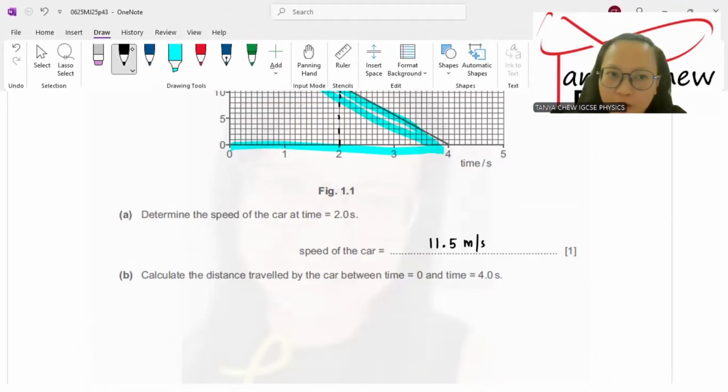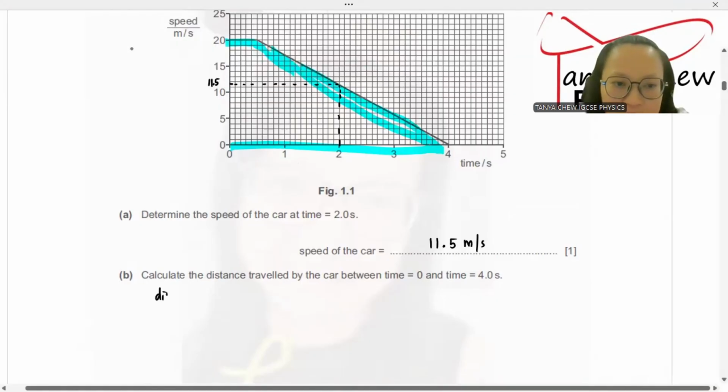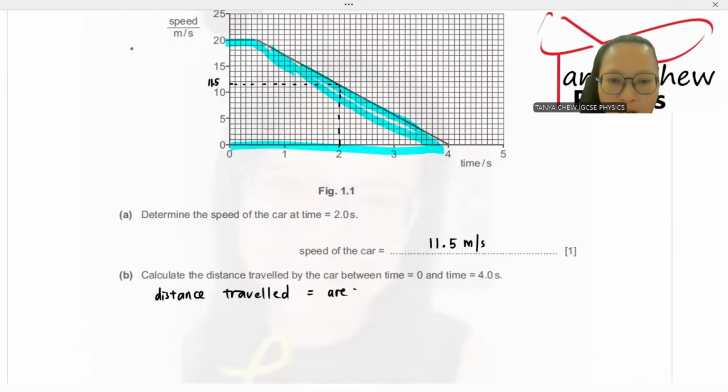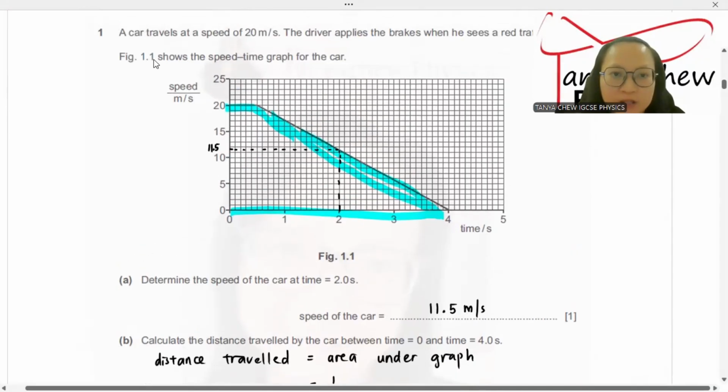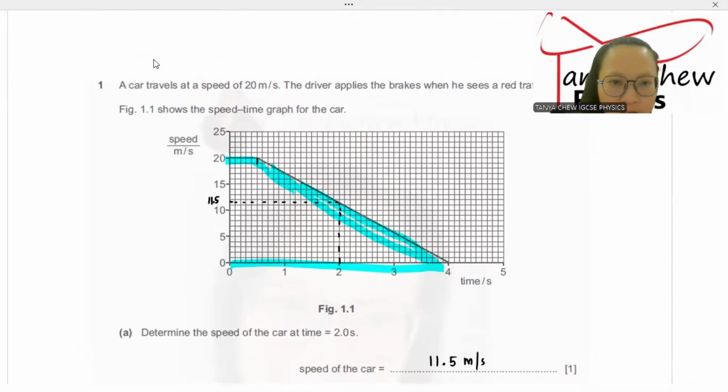Right, I'm going to use the area of trapezium. Do you recall the area of trapezium? So I'm going to write first, distance travel equals area under graph. And the area is the area of trapezium, half A plus B. What is the A value? So this is my A value right here.